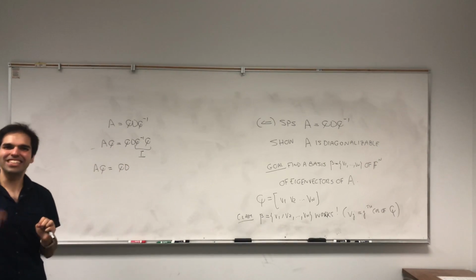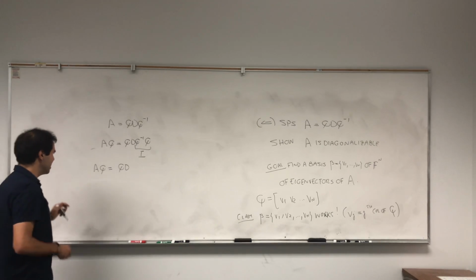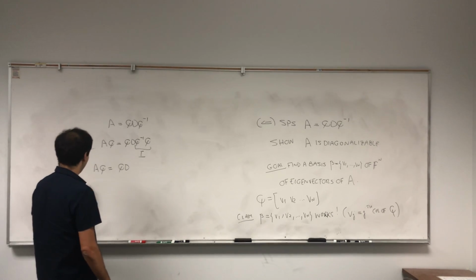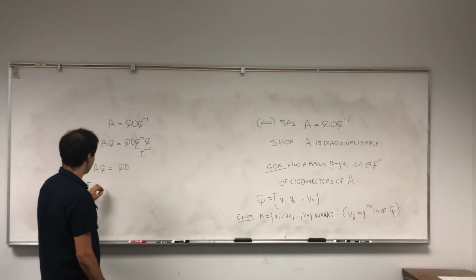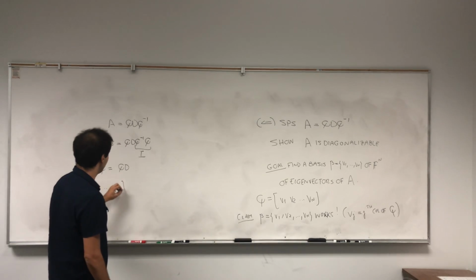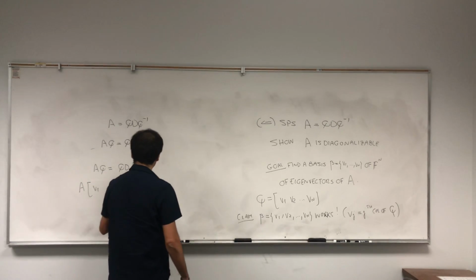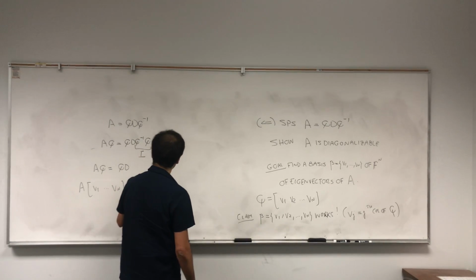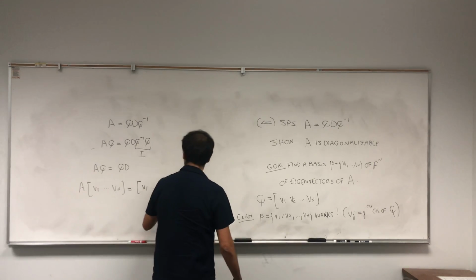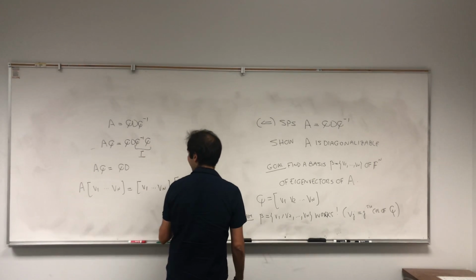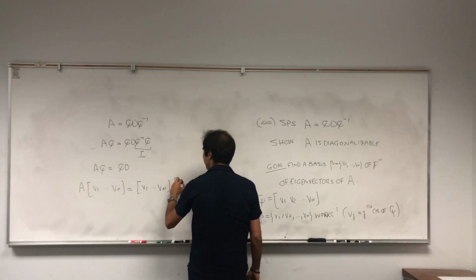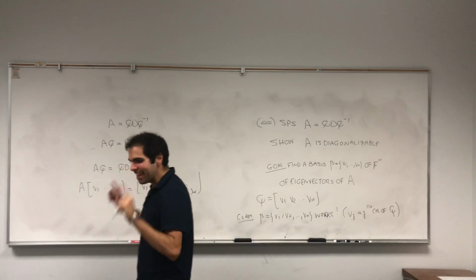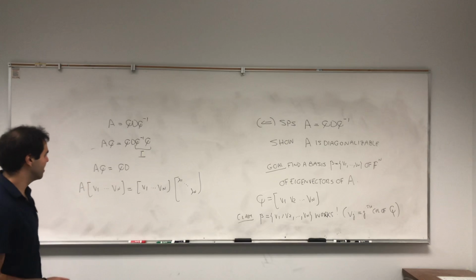It's almost like QED, but with just a QD. And Q has column vectors v1 up to vn, and let's say the entries of D are lambda 1 up to lambda n. Not eigenvalues yet, but you'll see that it is true.